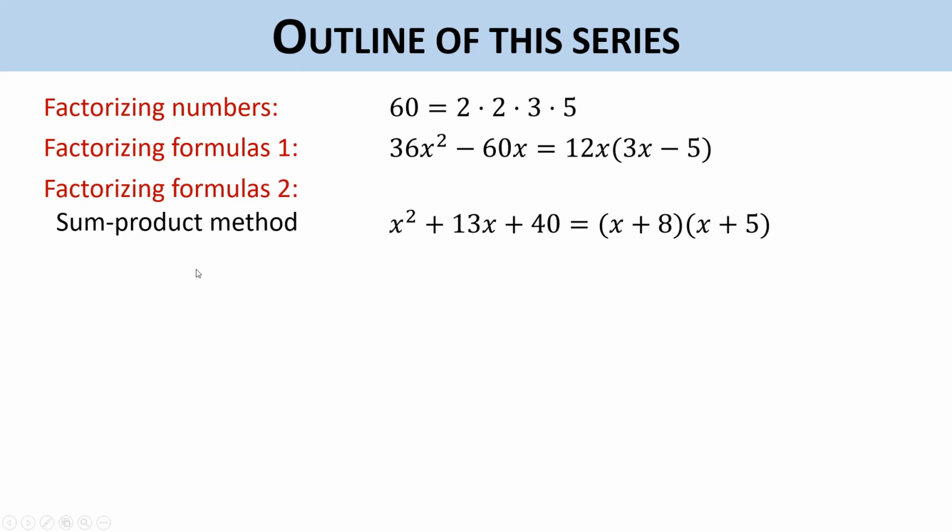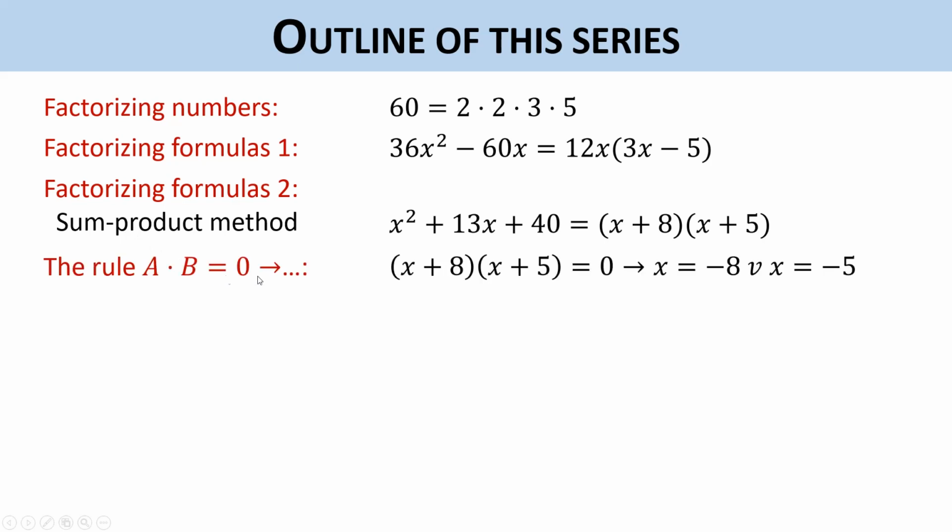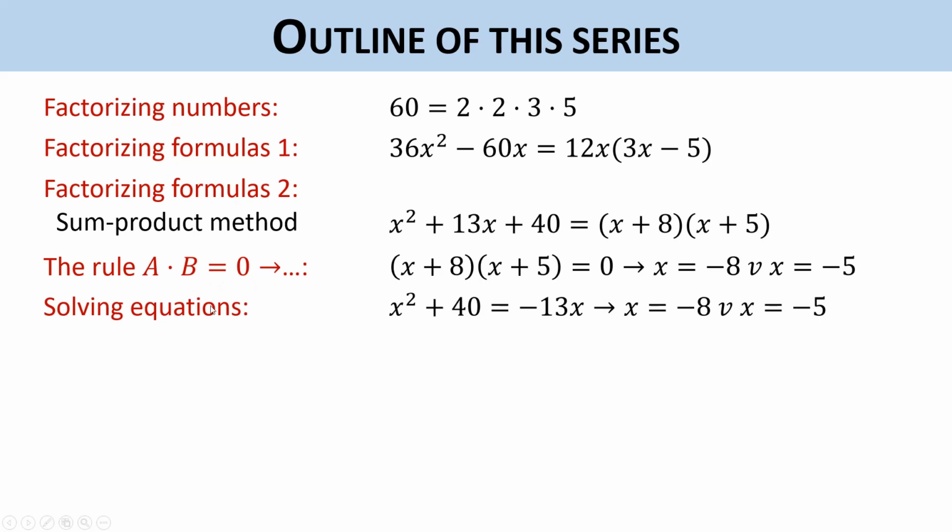And then we will put this factorization to use to solve equations by this rule, which we'll look into later. And finally, once we have used this rule to solve equations, we'll look at some applications of this strong tool that we've just developed.